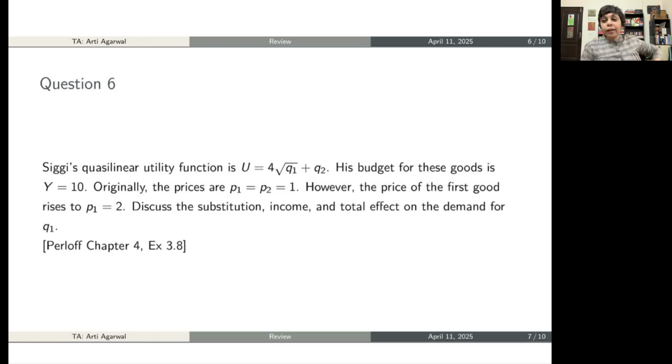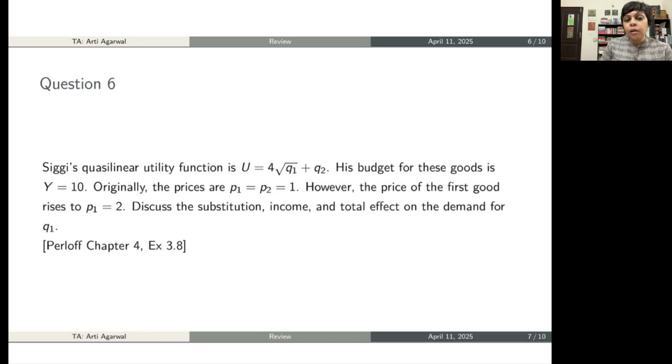We're going to calculate Hicksian demand for good one, which means we will take utility constant. The initial utility we calculated just like in the previous question. We take u bar or u naught, whatever you want to call it, and for that value of u naught you calculate the new value of q1 given all the other values.